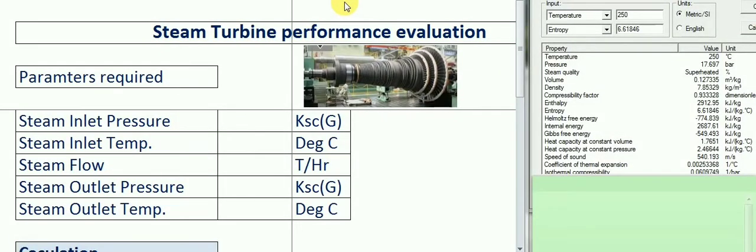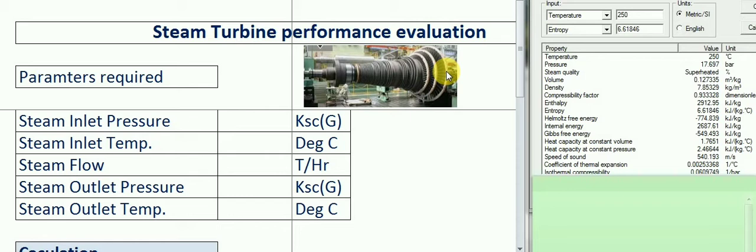In this video, we are going to see about performance evaluation of a steam turbine. First of all, what is meant by steam turbine? This is the steam turbine internal. A steam turbine is equipment which converts the steam energy stored in the steam, that enthalpy, that internal energy content, to mechanical energy.